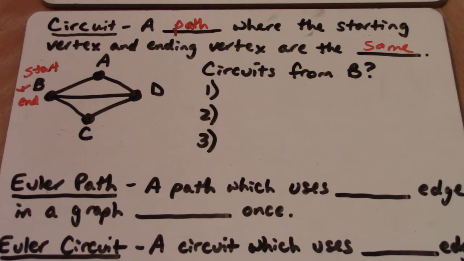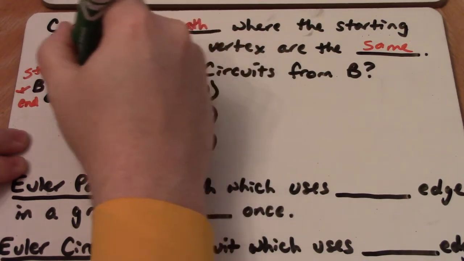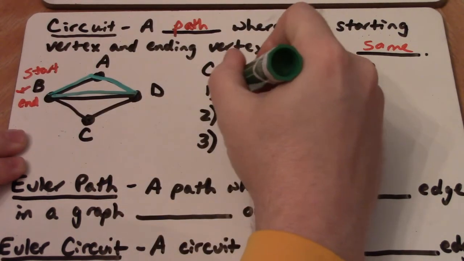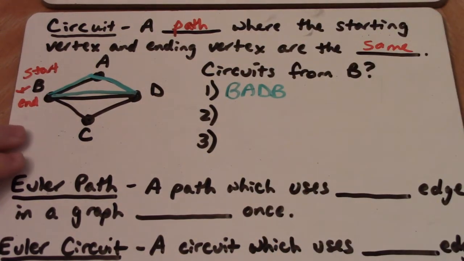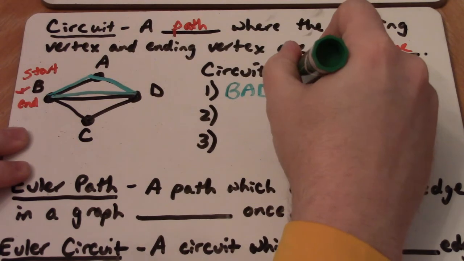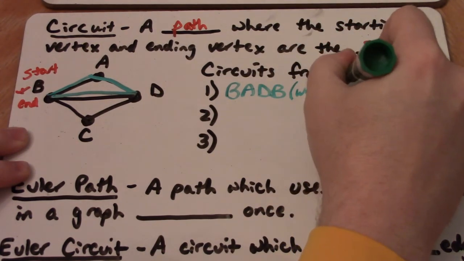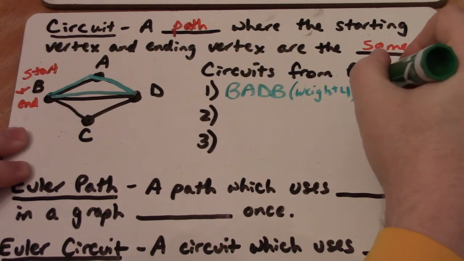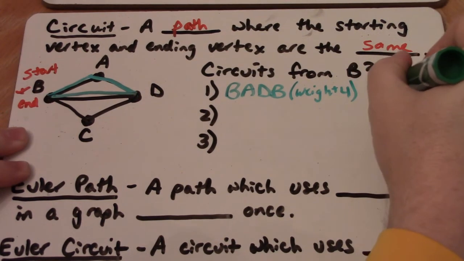So we could do, for instance, B to A to D and then back to B. That would be an example of a circuit. That circuit would have a weight of 4. And it would be equivalent to BDAB.